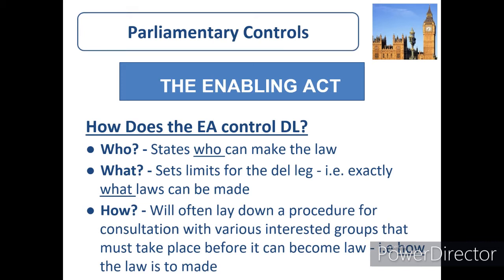And then the how, because the Enabling Act will also lay down the procedure, particularly who should be consulted in order to make that secondary legislation. So obviously, for the Education Reform Act, the Minister of Education was required to contact perhaps teaching unions, businesses, universities, anyone that might be interested in contributing to the content of the national curriculum.